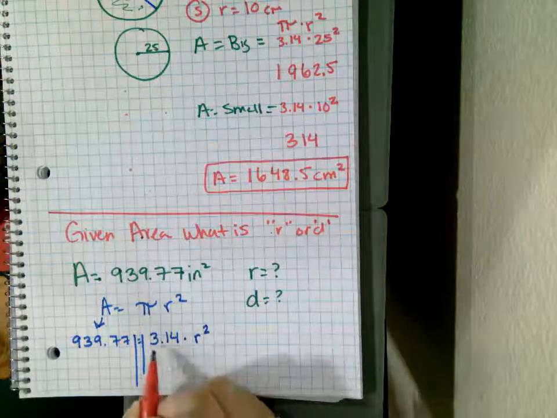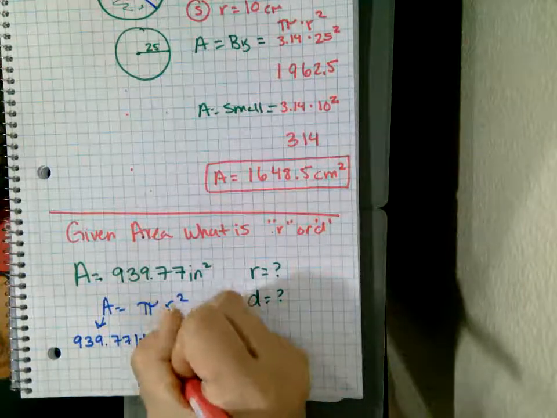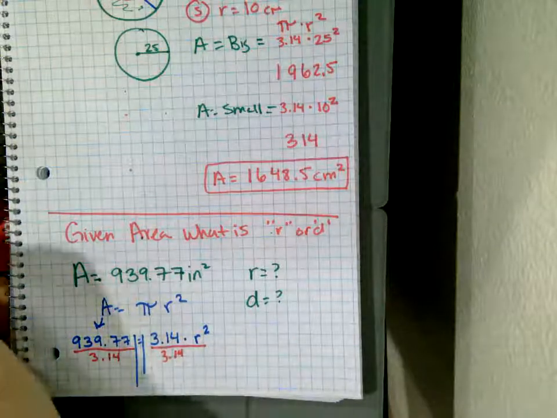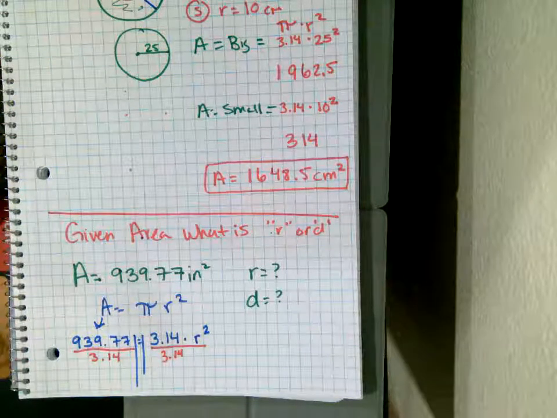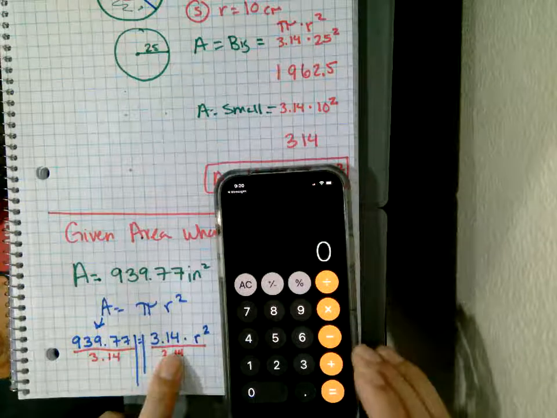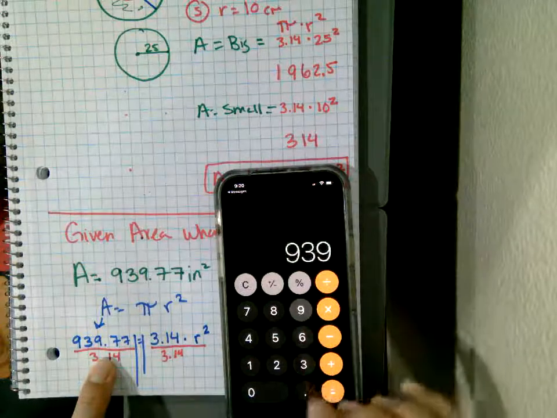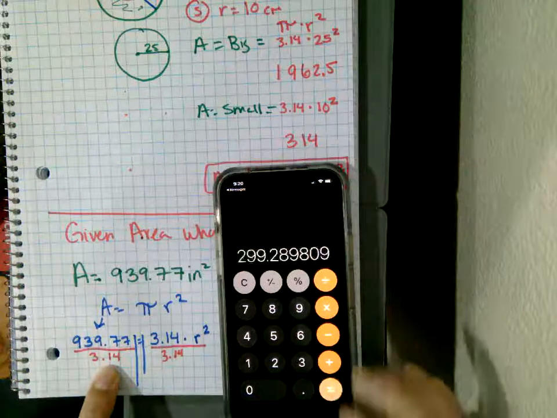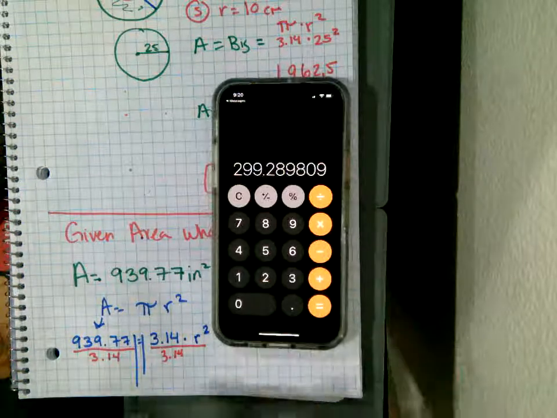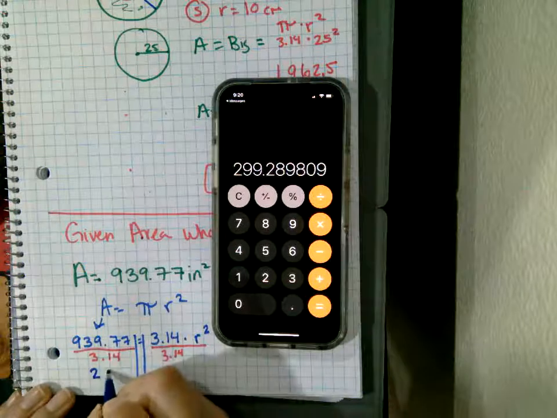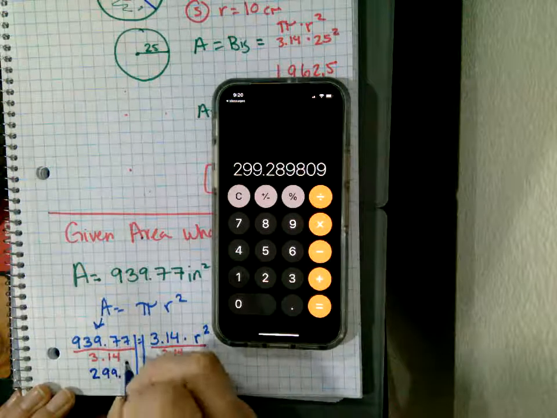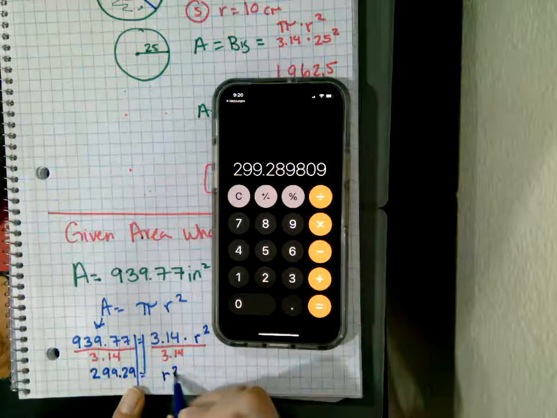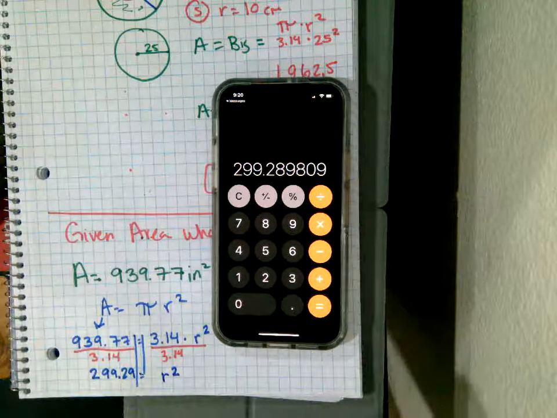Here it's multiplication, so you're going to divide by 3.14 on both sides, right? So I'm going to take 939.77 divided by 3.14 equals 299.29, I'm going to round it, is equal to r squared, right?